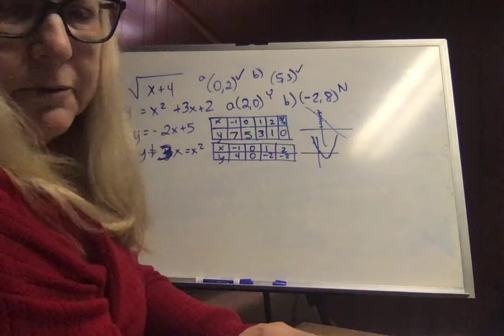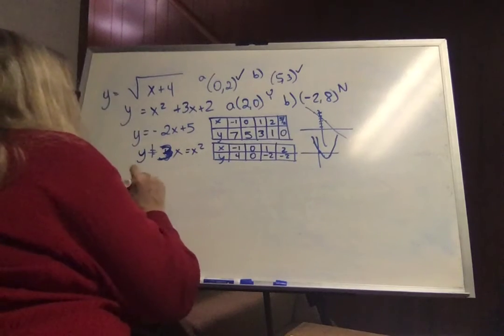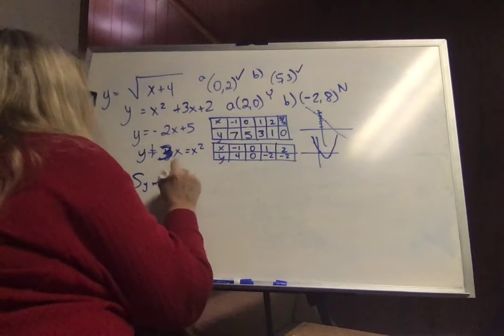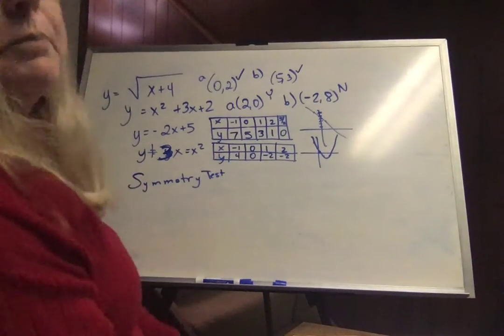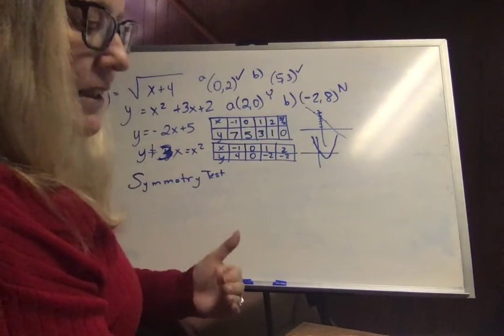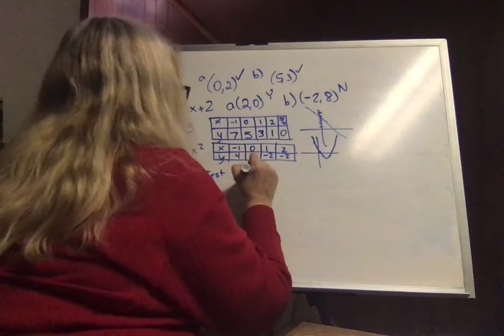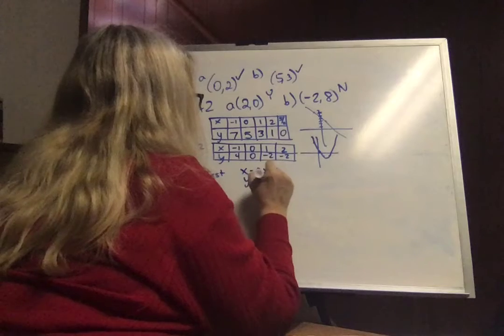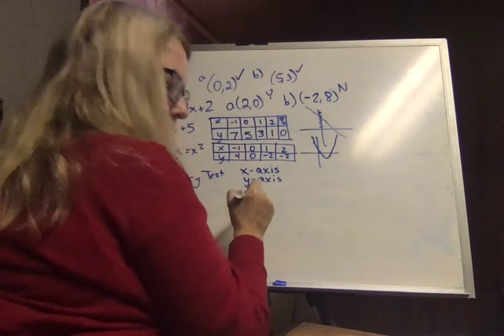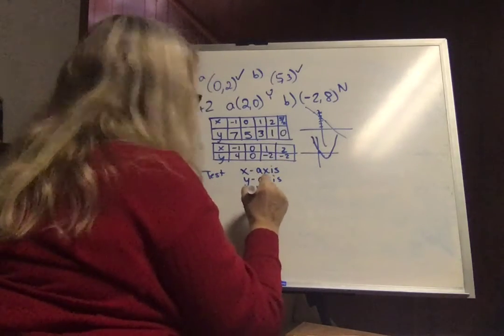They also will have what they call symmetry tests. And again, you can put these in Desmos, graph it, and you can tell if it's x-axis symmetry, y-axis, origin, or none.